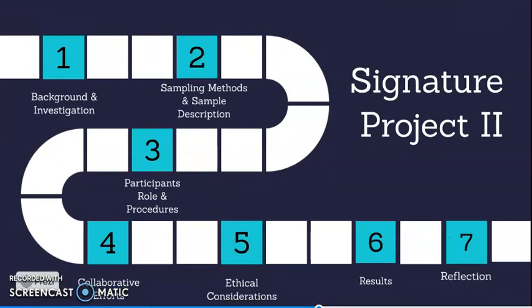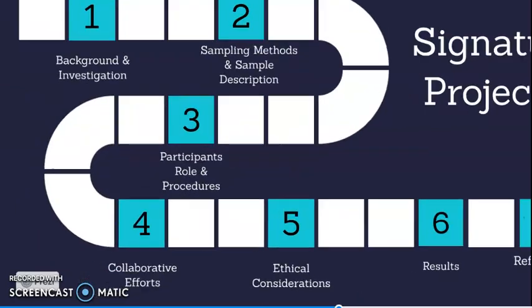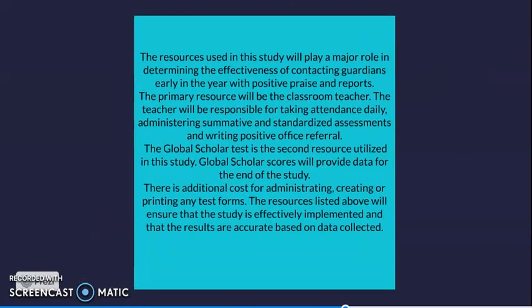Collaborative efforts. The resources used in this study will play a major role in determining the effectiveness of contacting guardians early in the year with positive praise and reports. The primary resource will be the classroom teacher. The teacher will be responsible for taking attendance daily, administering summative and standardized assessments, and writing positive office referrals.